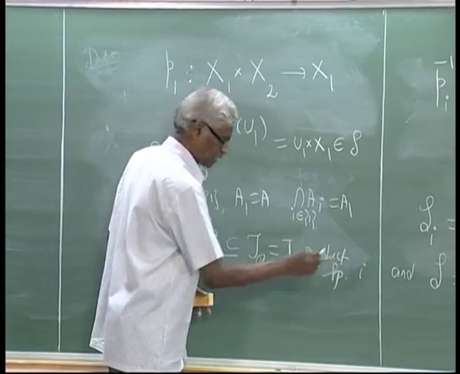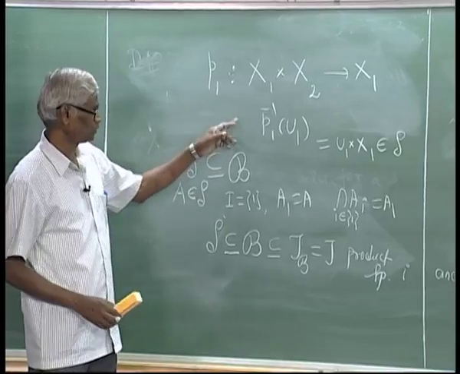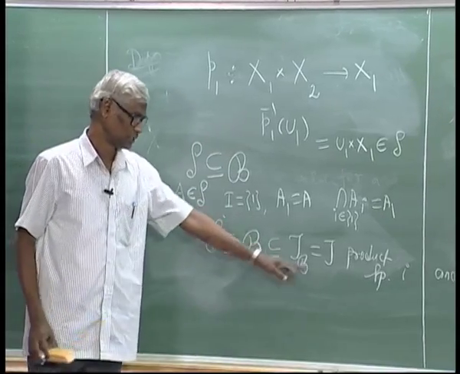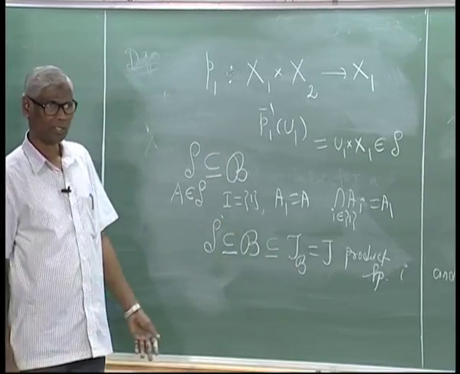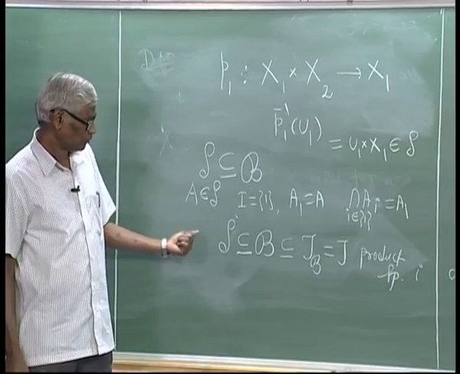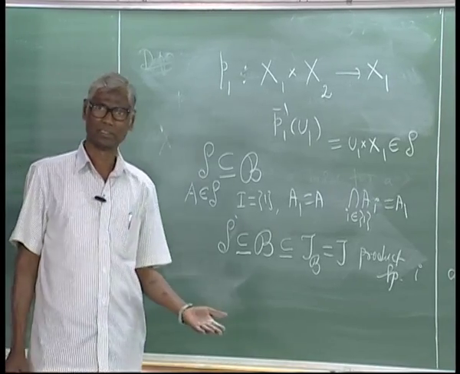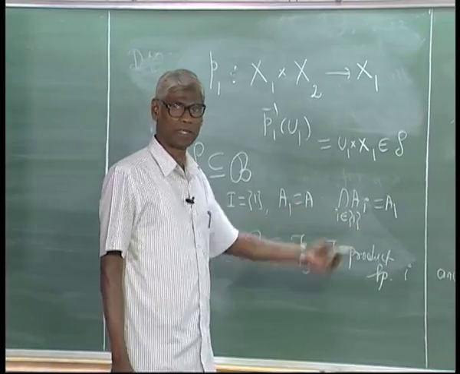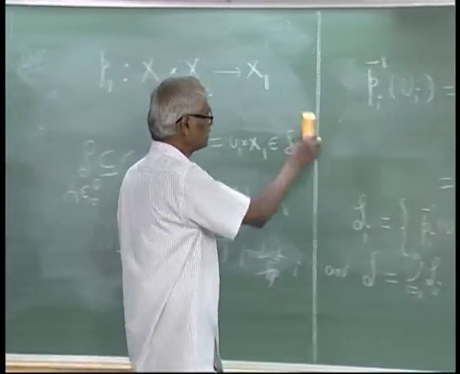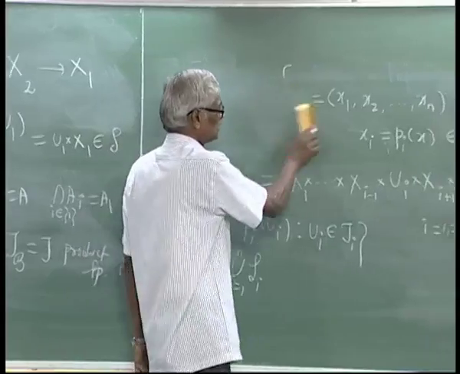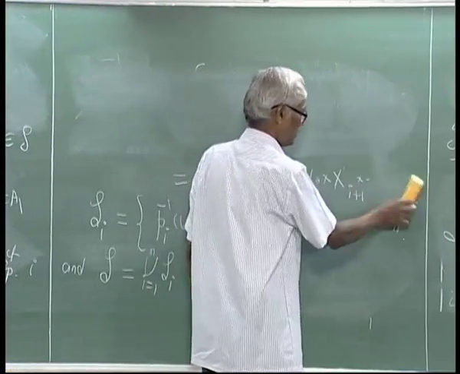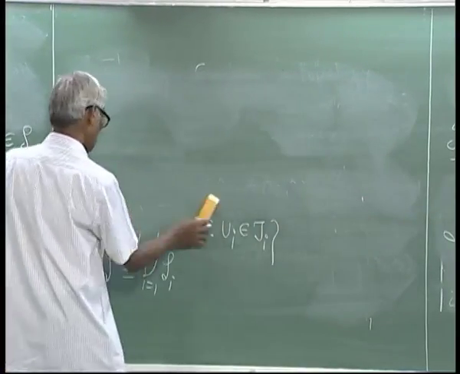So, we have taken care that with respect to that topology each projection is continuous. Now we wanted that it is not just that each Pi is continuous, it is the smallest such topology having this property.